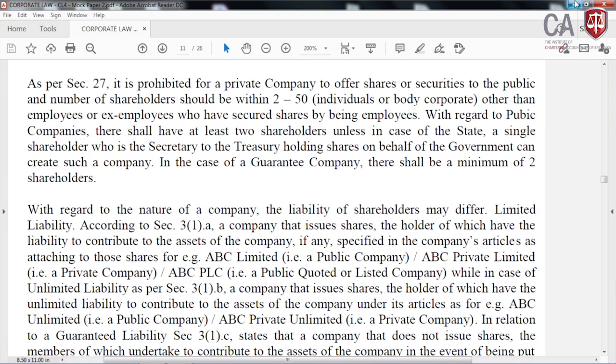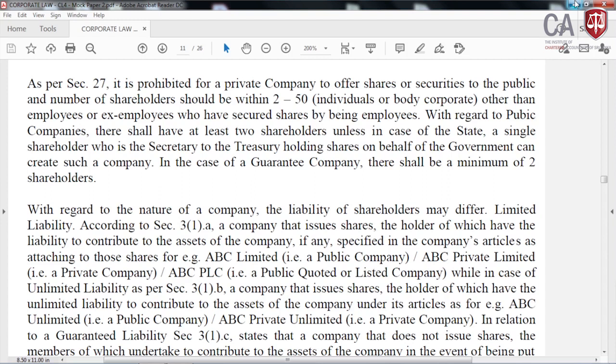Now, as per section 27, it is prohibited for a private company to offer shares or securities to the public, because by virtue of being a private company, they are only expected to issue shares or call for shares from private individuals, and the number of shareholders should be within 2 to 50.